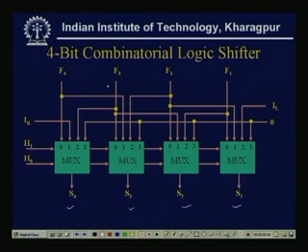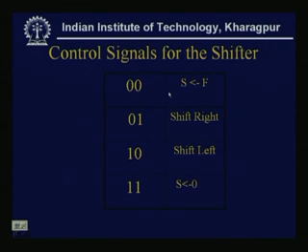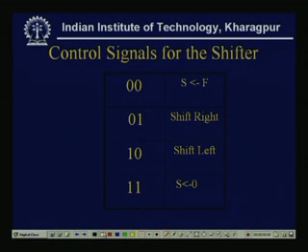The shifter has 4 different combinations, mainly these are my select lines, S1, S0, and this is my mode of operations.